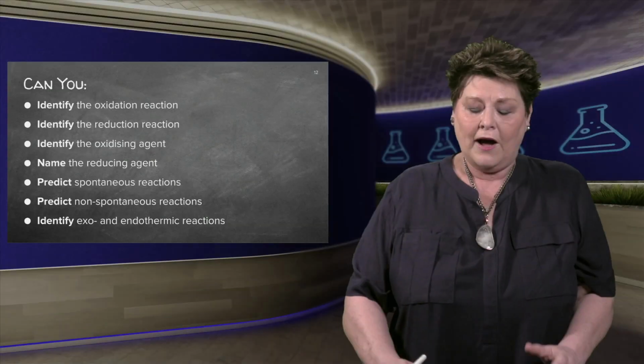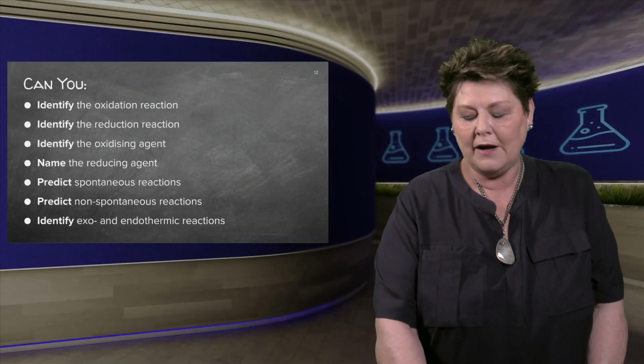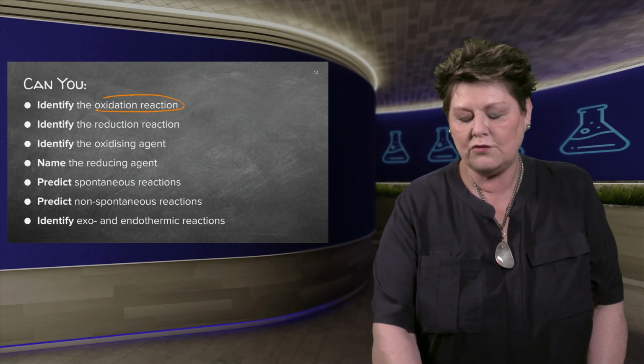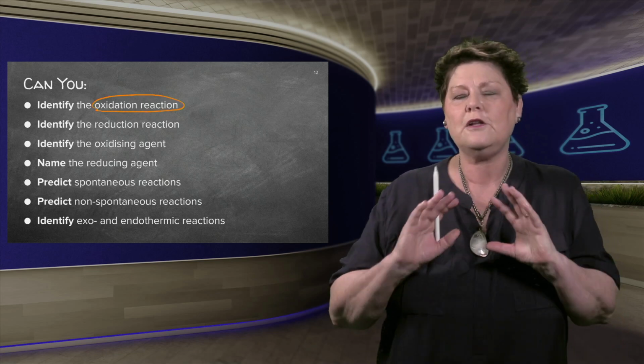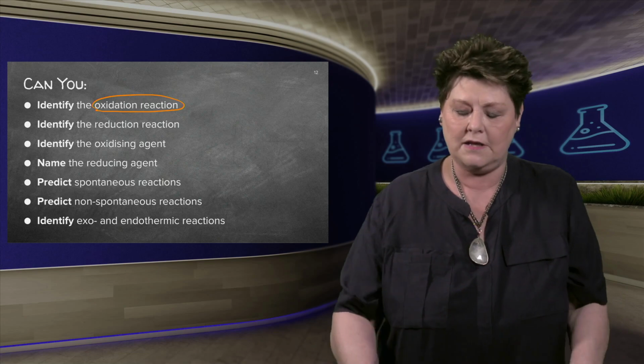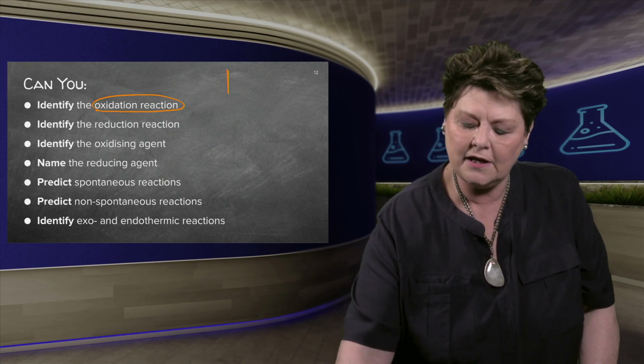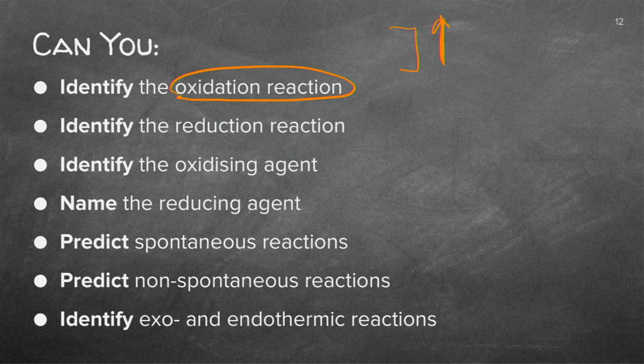Right. Finally, can you identify with the table the oxidation reaction? Now, if you get confused for some or other matter, remember on this side here of your table, this is the stronger reducing agent. And if you forget that as well, just remember at the top, you'll have the oxidation reaction.